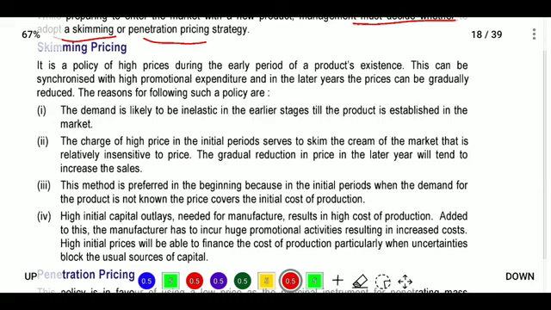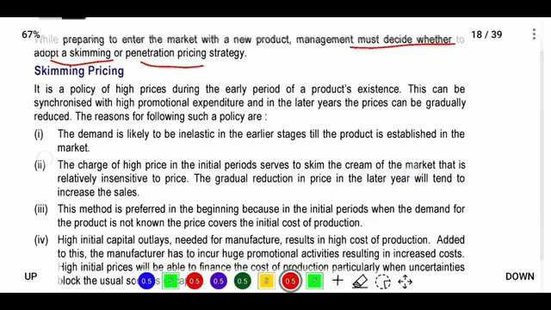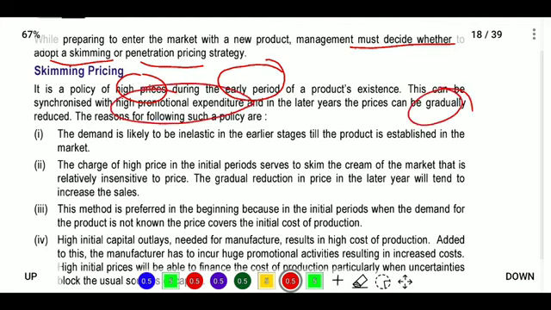This can be synchronized with high promotional expenditure, and in later years the price will be gradually reduced. Here the policy is a high price in the early period, synchronized with high promotional expenditure at the start, and later it is gradually reduced.